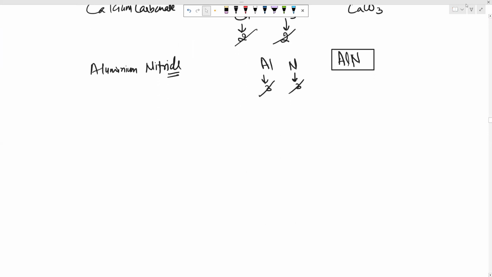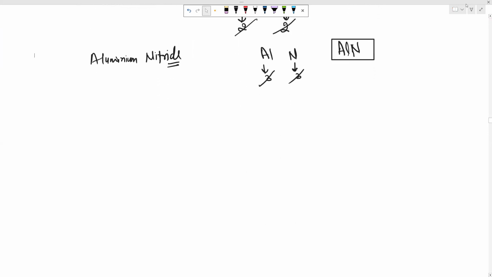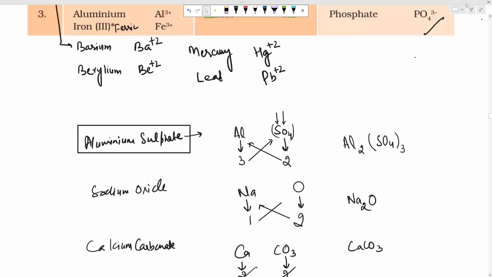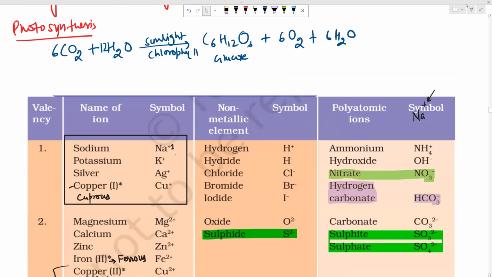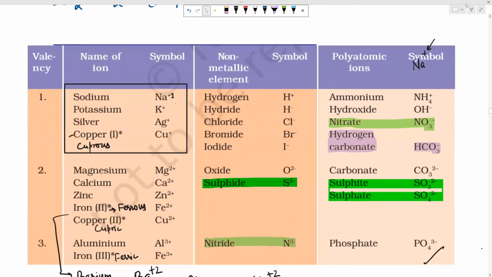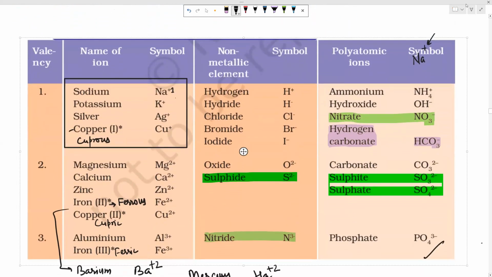Are you saying there's a component which is nitrate? Yes, and hydrogen carbonate. They don't have any numbers, they have minus 1. You can check it. If only a minus sign is written, it means it is minus 1.